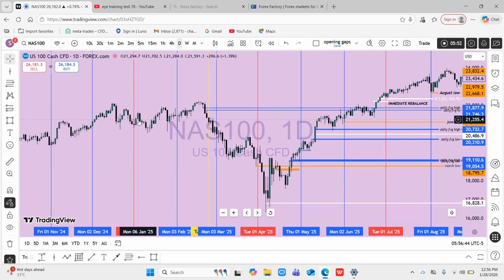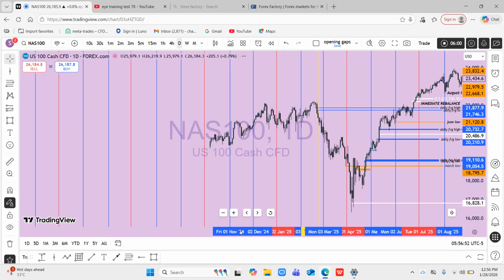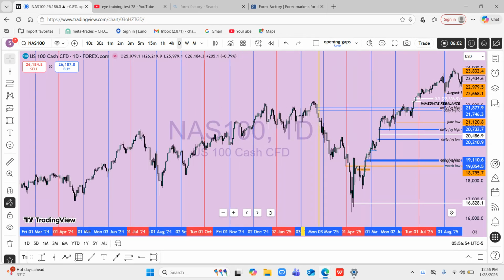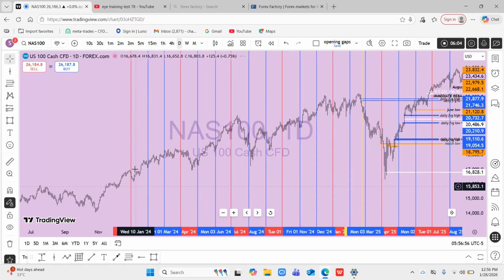December was consolidation, January consolidation, February it takes out the previous year high. So this is the whole of January 2024 to December 2024. This is the whole year's data.